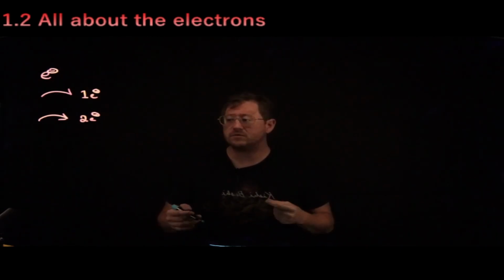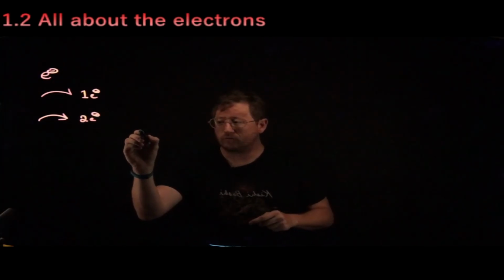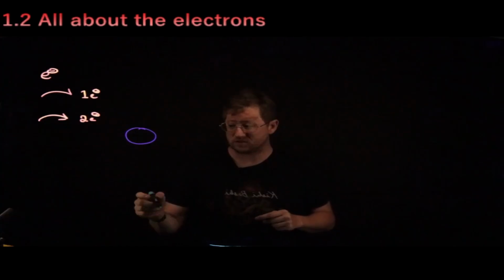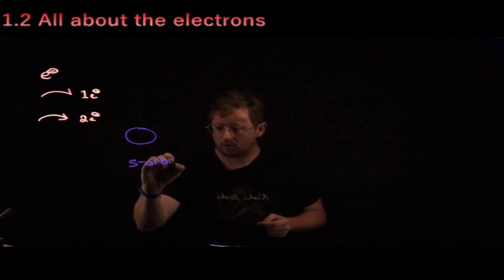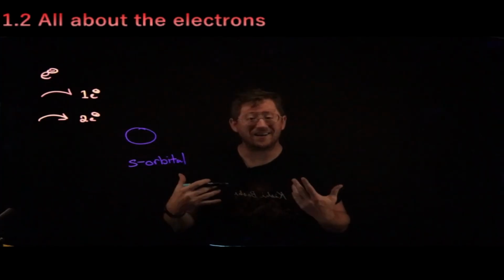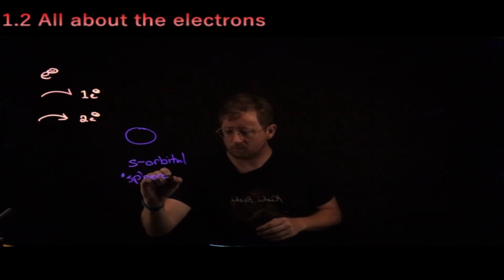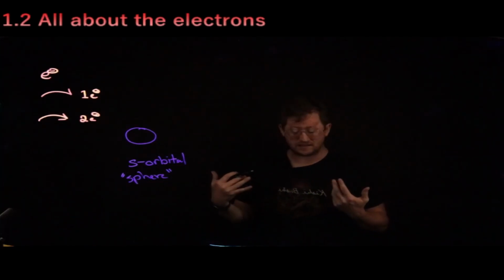But in organic chemistry, because we're simple, we want to make it as simple as possible. There are only 2 types of electron orbitals. The first one is an s orbital, and it stands for sphere. So you can think of an s orbital as a sphere.